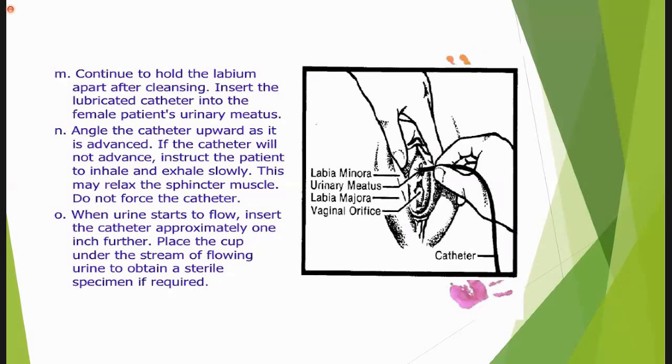When urine starts to flow, insert the catheter approximately 1 inch further. Place the cup under the stream of falling urine to obtain a sterile specimen if required.